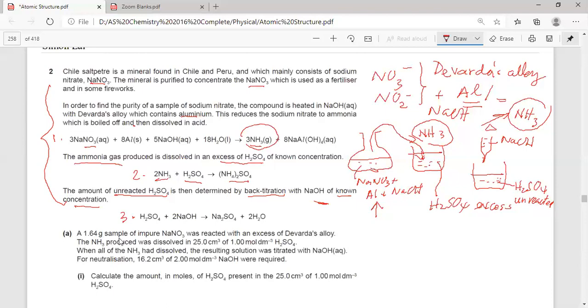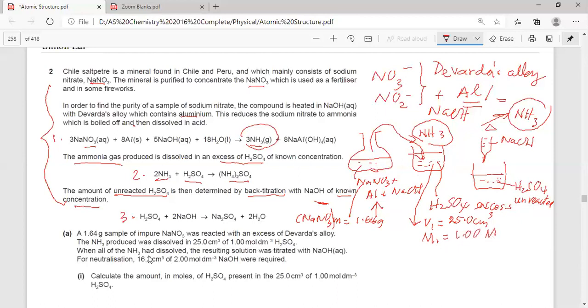So the mass is 1.64 grams of sodium nitrate, reacted with excess Devarda's alloy, and the ammonia produced is dissolved here. What's the volume of H2SO4? V1 equals 25.0 cm3. The molarity is 1.00 moles per dm3.